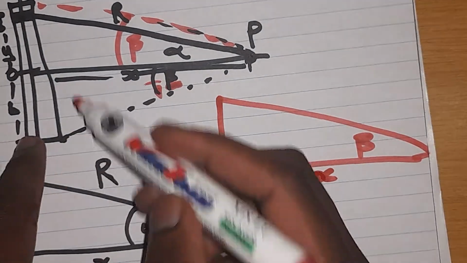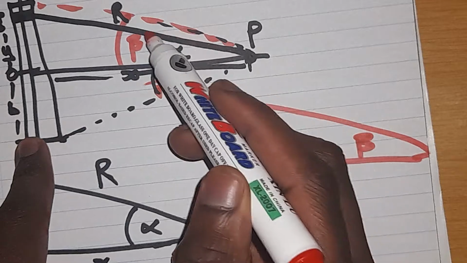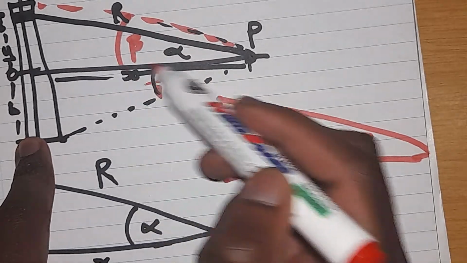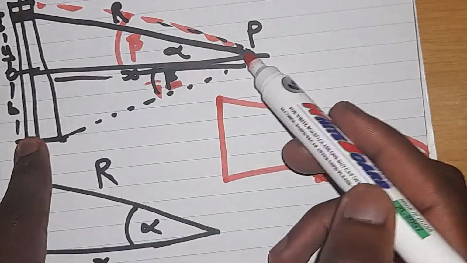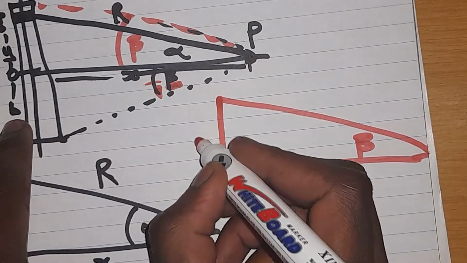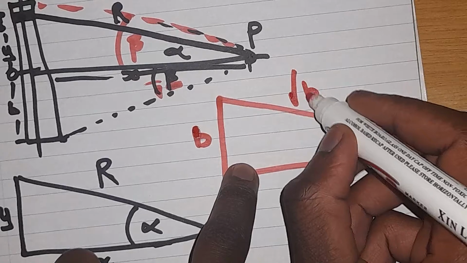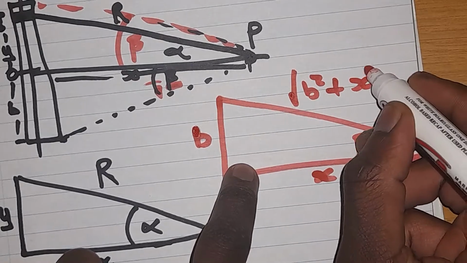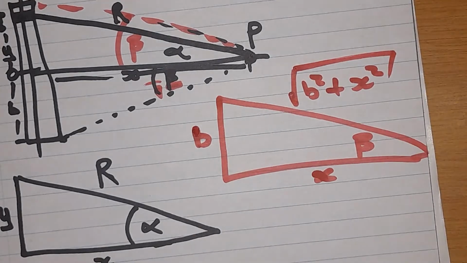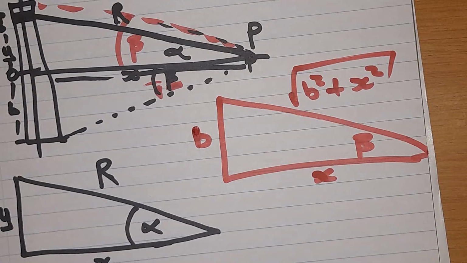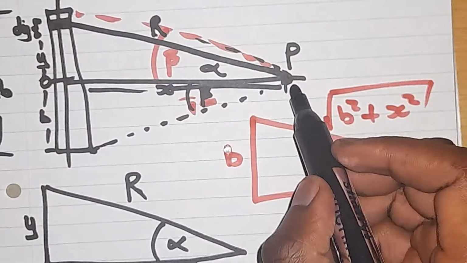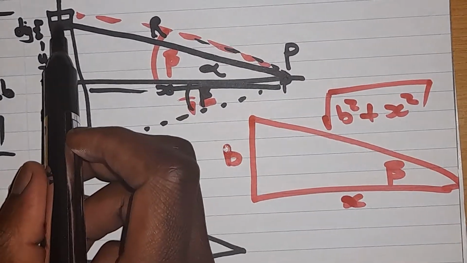But now the difference is for beta, it's not from P to element dy, but from P to the end of the rod, which is the distance b, meaning our hypotenuse will be square root of b squared plus x squared, right?